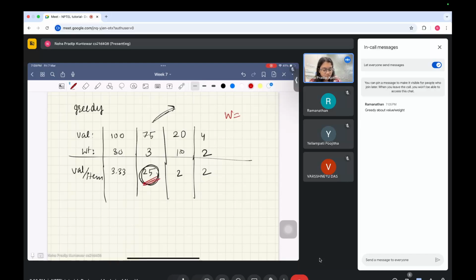So let's say the weight is something like 76, and let's say I have 3 here, 9 here.